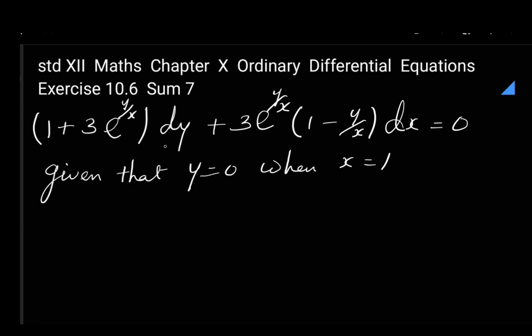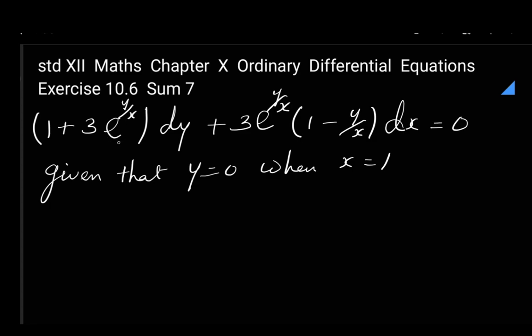Actually this is a homogeneous differential equation. Why do you say it is homogeneous? Look at the degree of each term. The constant has degree 0, and in e^(y/x), y power 1 and x power 1, so 1 minus 1 is 0.